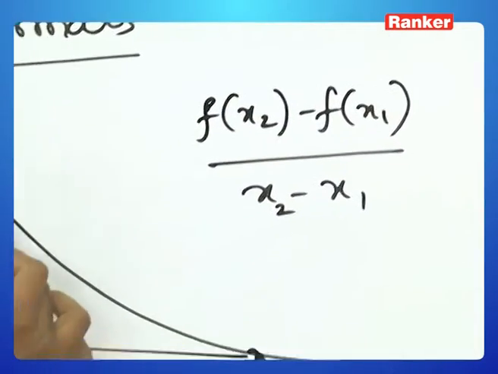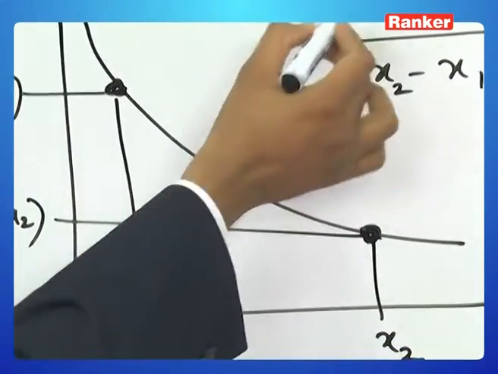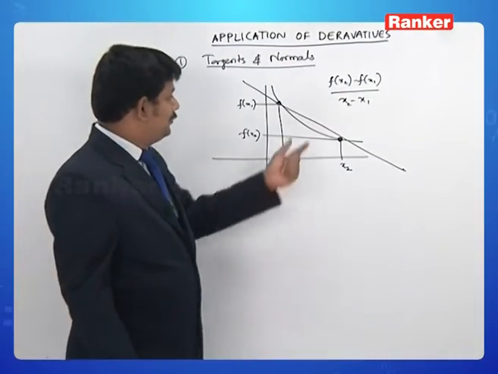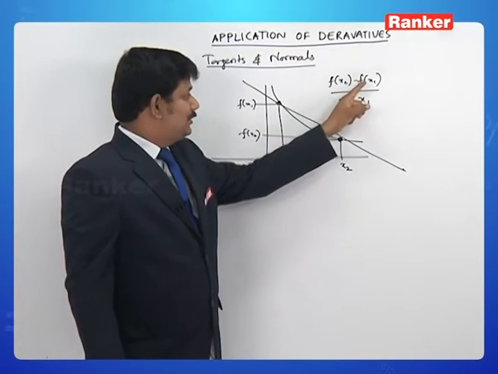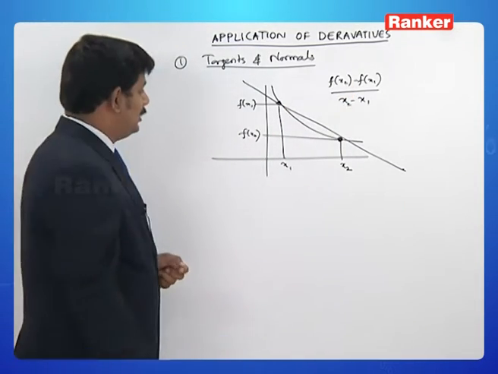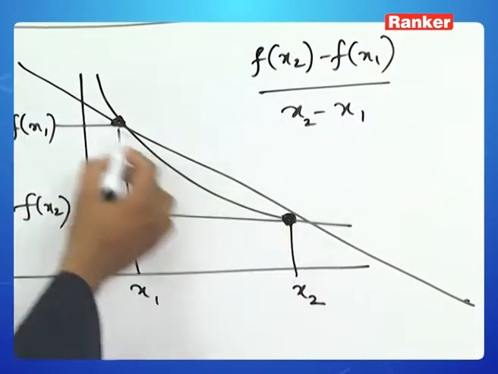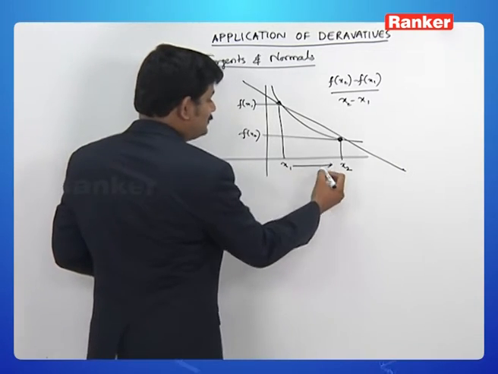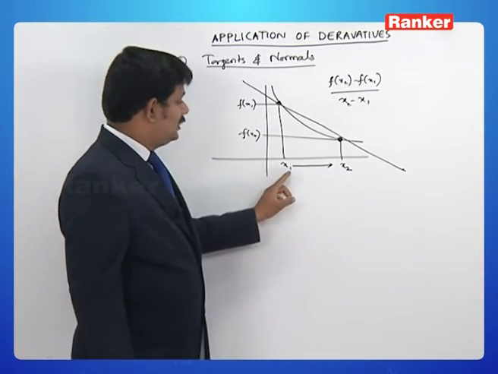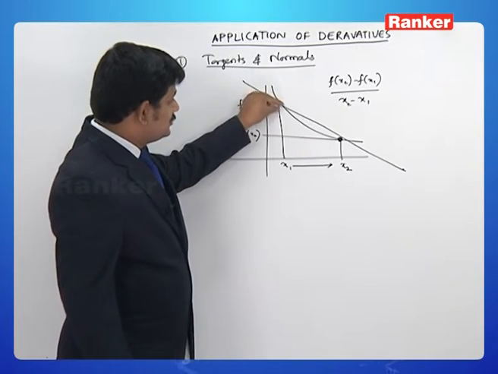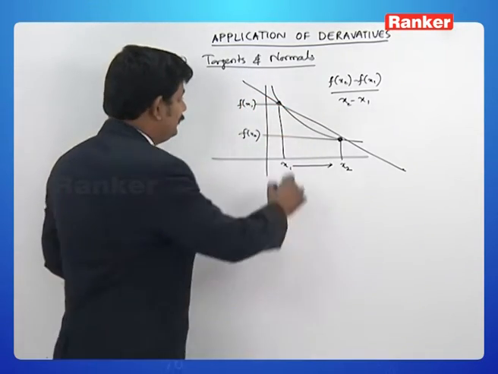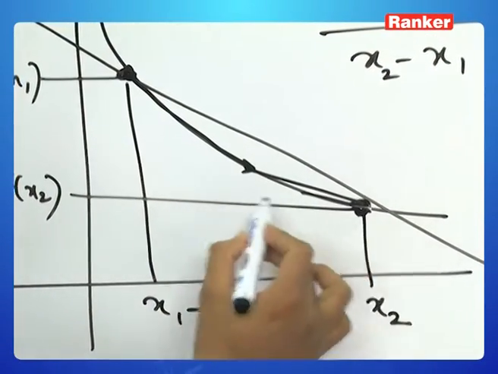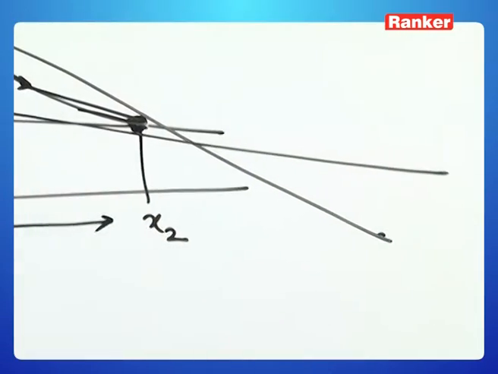And if we look at this expression, this is nothing but slope of this line. It is slope of the chord, y2 minus y1 by x2 minus x1. We also know that any chord or a secant, in the limiting condition, becomes a tangent. As x1 tends to x2, that is, as this point moves closer and closer along the curve, this chord tends to become a tangent at the point x2.